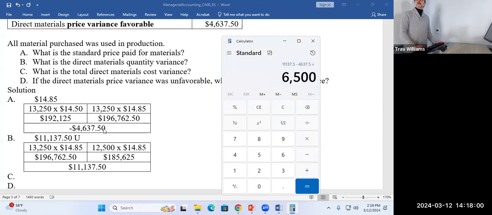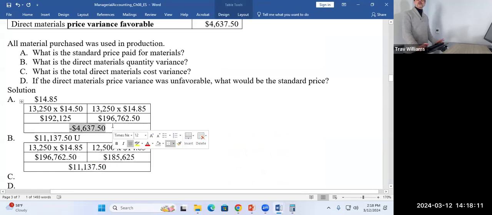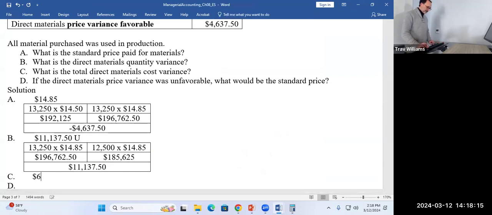Our difference is $6,500. Is that favorable or unfavorable? Right, because our unfavorable was larger than the favorable. So when we subtract it, we end up with still an unfavorable amount. So our answer here, the total cost variance is $6,500 unfavorable.